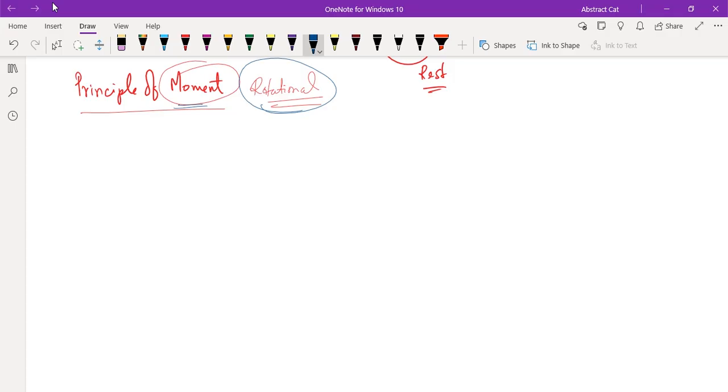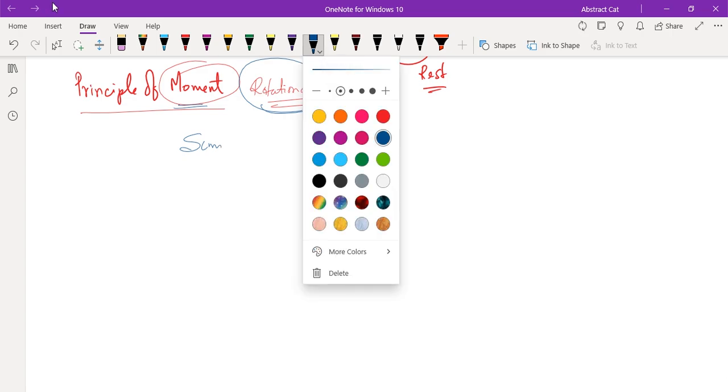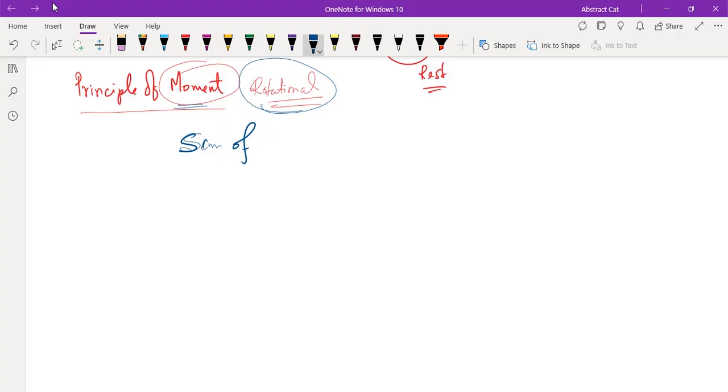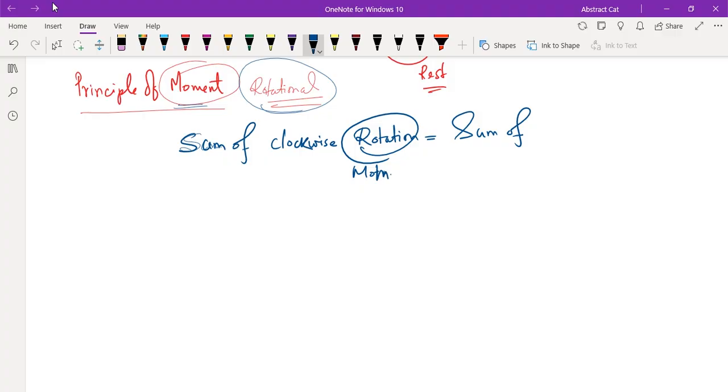So like that, the sum of clockwise moments is equal to the sum of anti-clockwise moments.